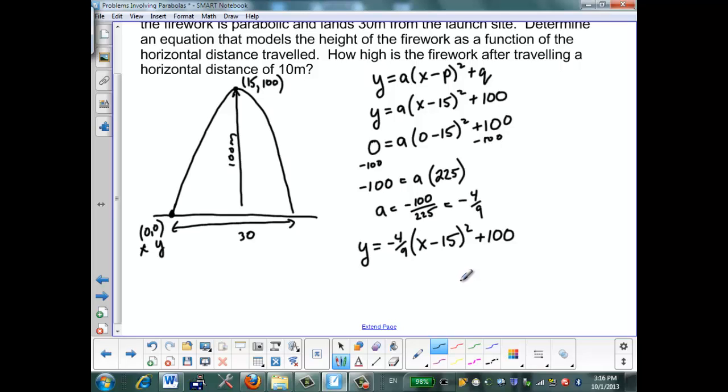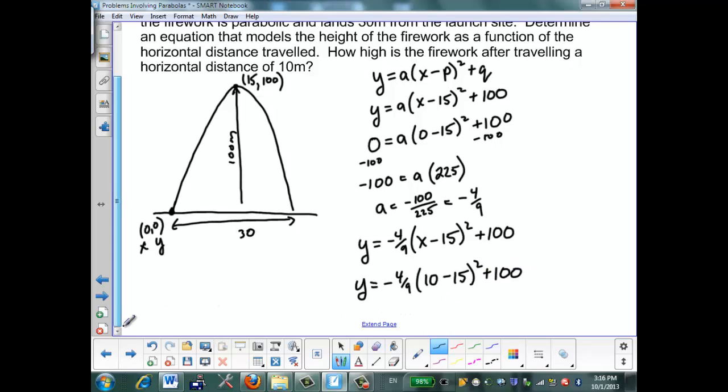How high is the firework traveling after a horizontal distance of 10 meters? Well, horizontal distance on this graph is going to be our x, and we're trying to calculate the vertical distance, or how high it is. So we can substitute into our equation 10 for the value of x, and then just do some arithmetic to solve for y.